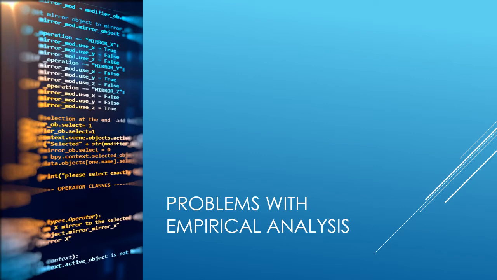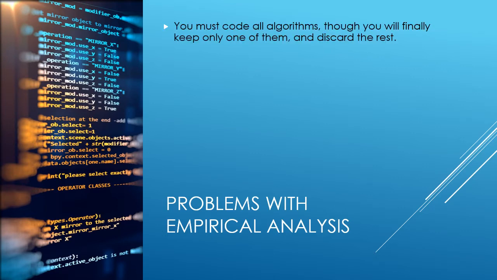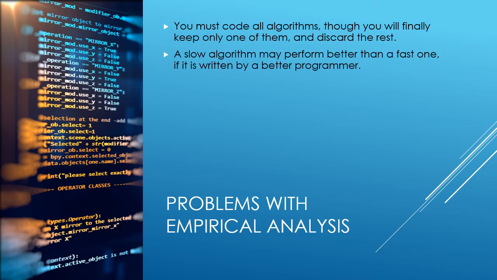Problems with empirical analysis. You must code all algorithms, though you will finally keep only one of them and discard the rest. So you will have to spend time and money for the programming of algorithms, all but one of which you will discard. A slow algorithm may perform better than a fast one if it is written by a better programmer.